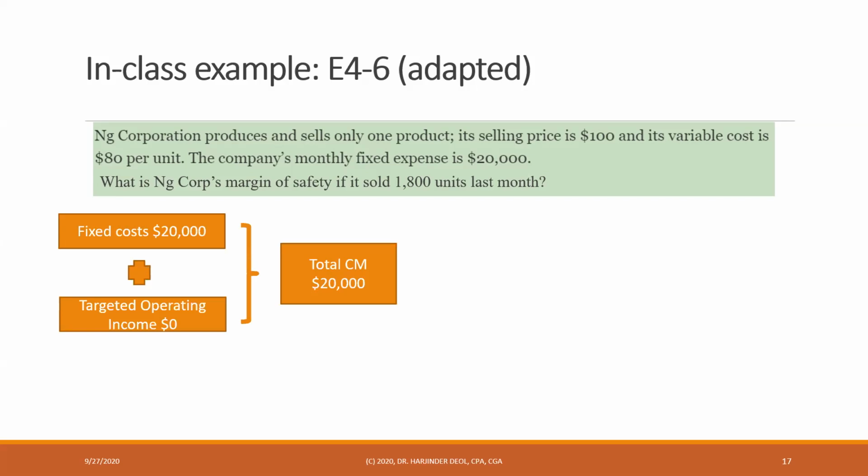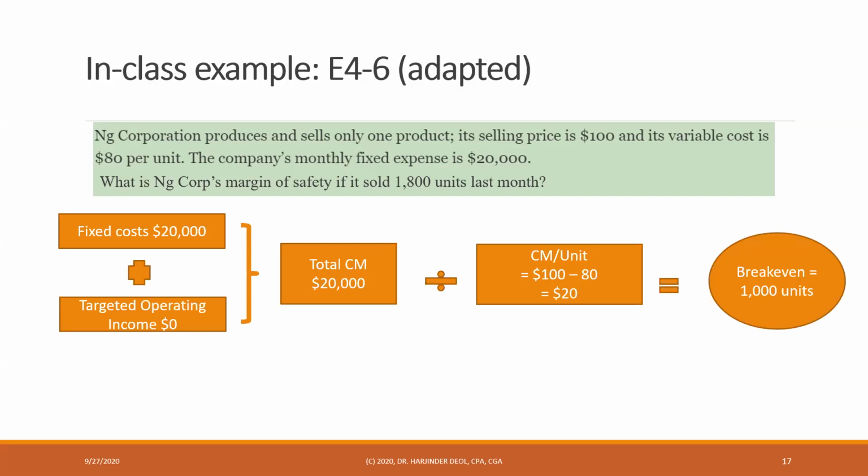If we take our total contribution margin of $20,000 and divide that by our contribution margin per unit, which is $20, selling price minus your variable cost, then our break even in this instance is 1,000 units. So if Nye Corporation sold 1,000 scarves, they will be at break even, where they are not making money, but they're not losing money either.